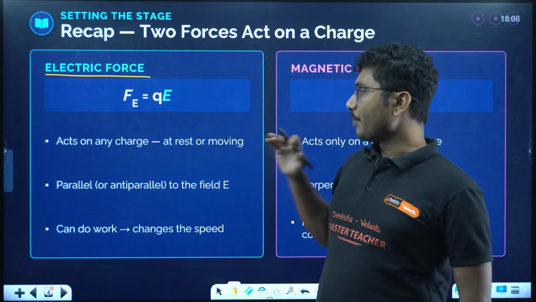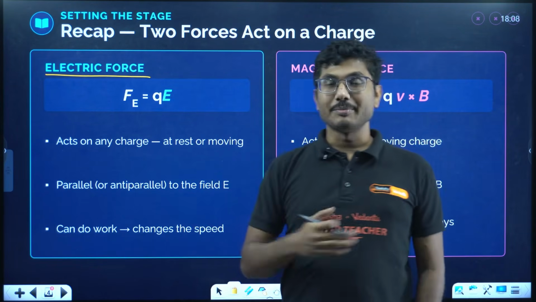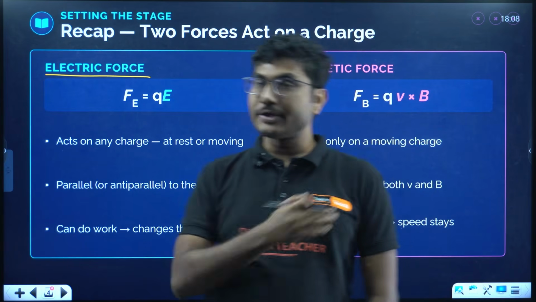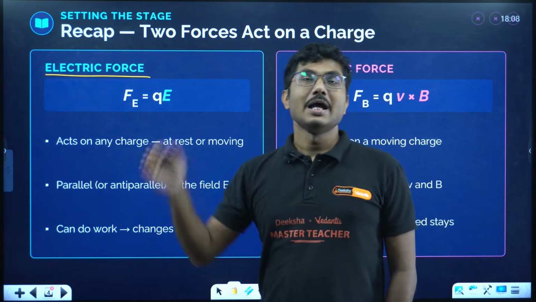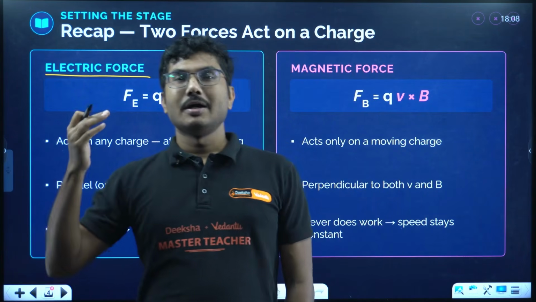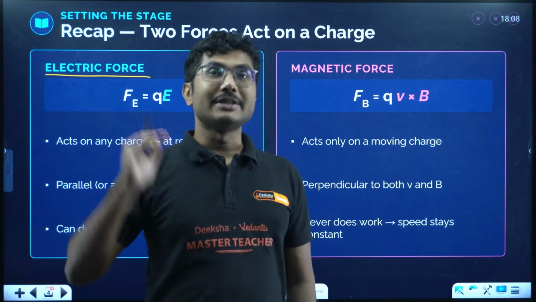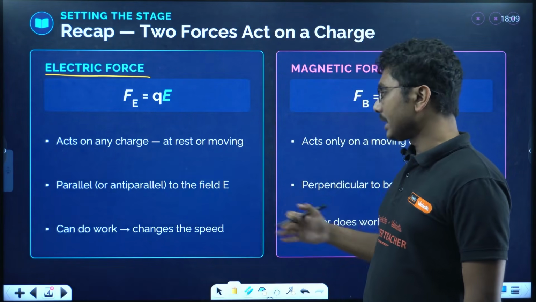Now, parallel or anti-parallel to the electric field E. Parallel means if the charge is positive, the force will be in the same direction as the electric field. Anti-parallel means if the charge is negative, the force acting on the charge is in the opposite direction. That's it. Now it can do work and change the speed.